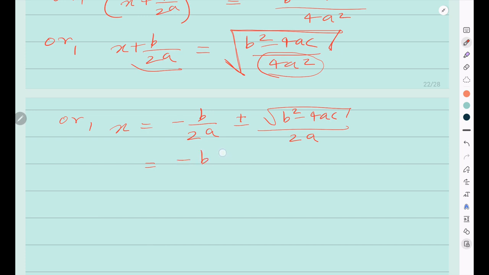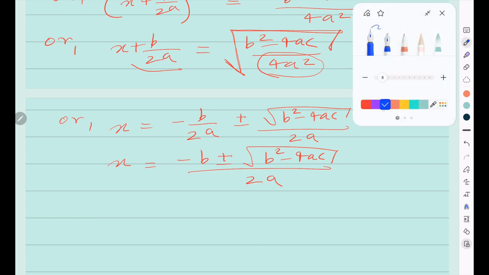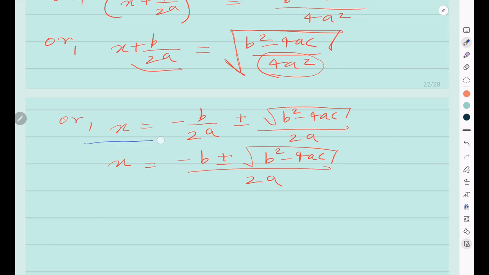So simplifying a little bit, 2a is common. So this is a very famous formula for the root of a quadratic equation.